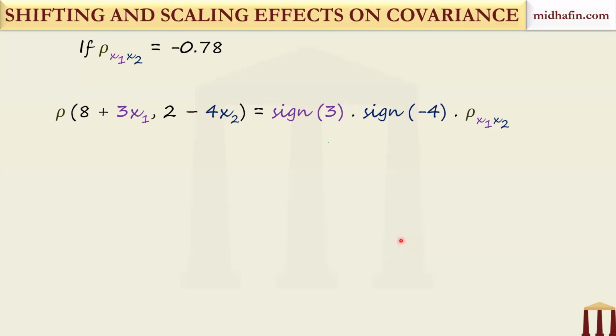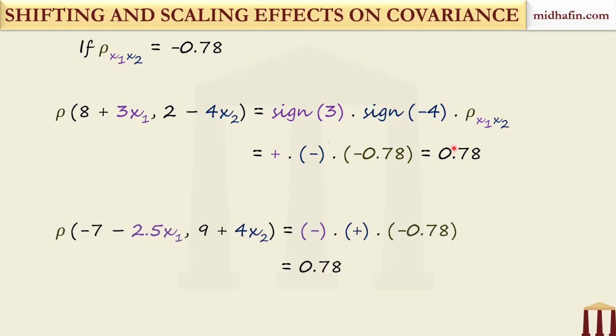Plus 0.78. Correct. Plus 0.78 because sign of 3 is of course positive. Sign of negative 4 is negative and correlation was also negative. So positive, negative and negative which gives us positive. So 0.78. Okay. Similarly, if I want to find out this, it will again be 0.78. Okay. So no problem over here.